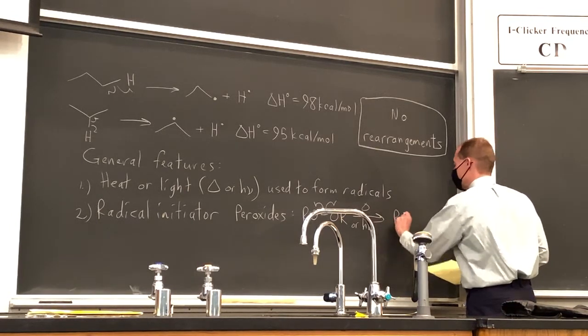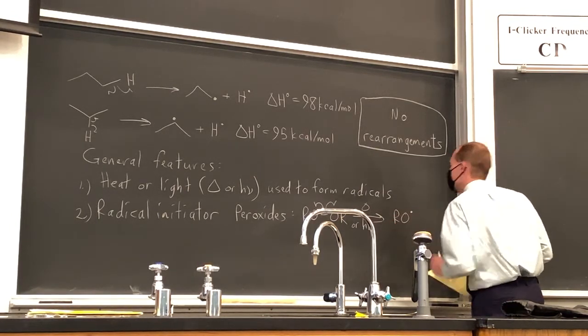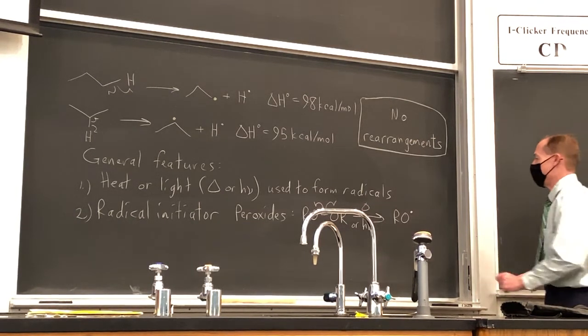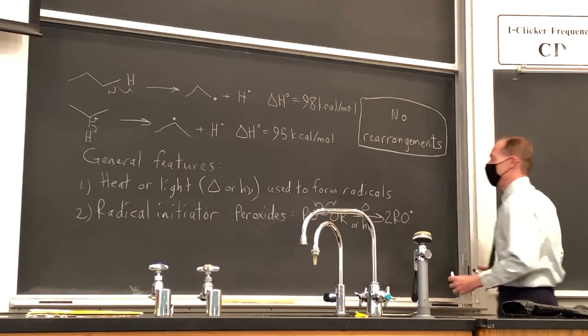And so we can generate oxygen-centered radicals by homolytically cleaving the oxygen-oxygen bond of a peroxide using either heat or light. And then that oxygen-centered radical, there's technically going to be two of these if we balance the equation.